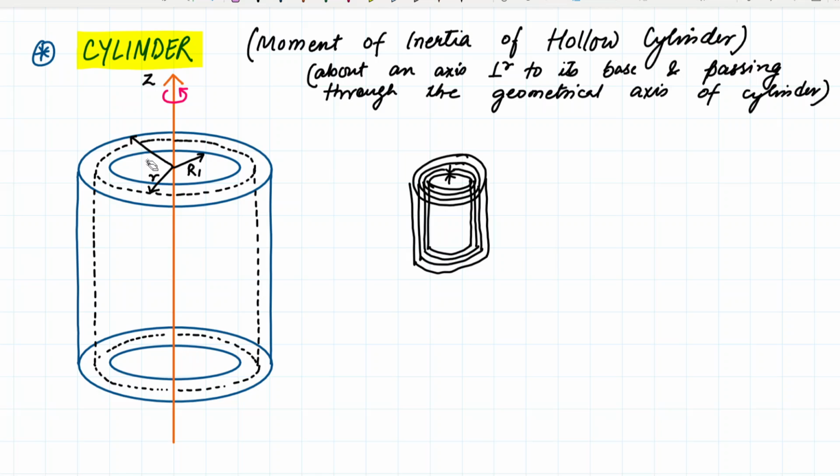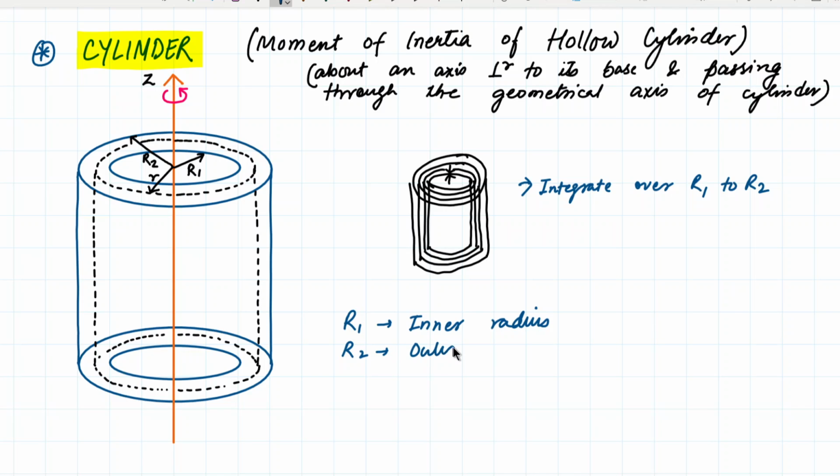This is r2 and this is r. I'm trying to integrate over r1 to r2, where r1 is the inner radius and r2 is the outer radius.